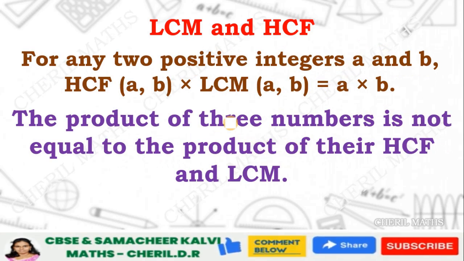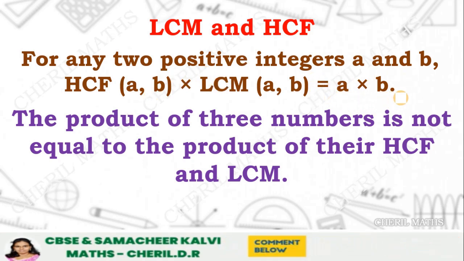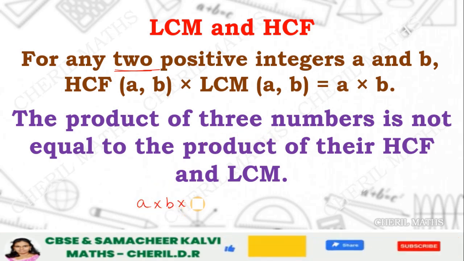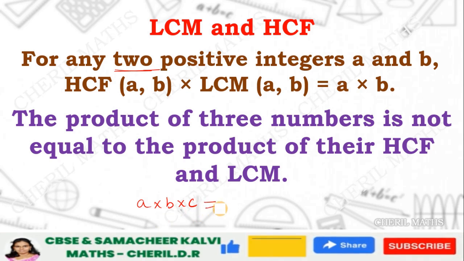And we learned two more properties: when you take the product of the LCM and HCF, it will be equal to the product of those integers. But this works only for two positive integers. When you take three positive integers A, B and C, the product of those will not be equal to the product of the LCM and the HCF.